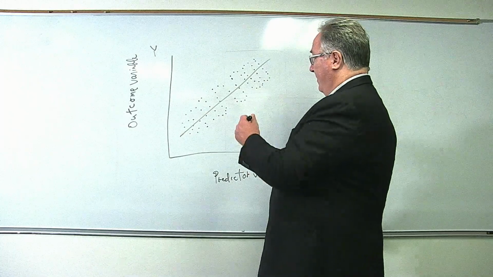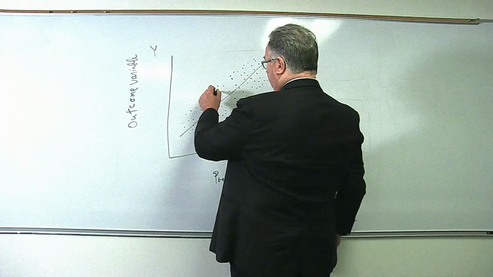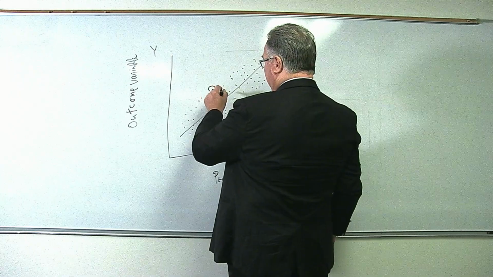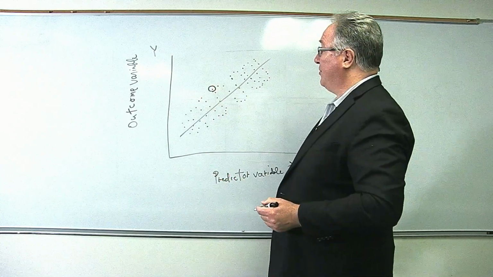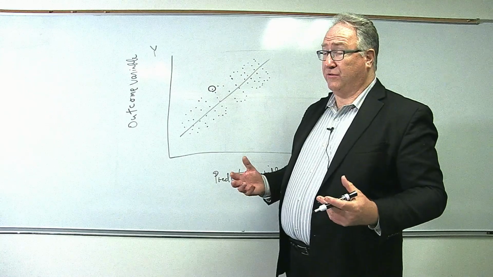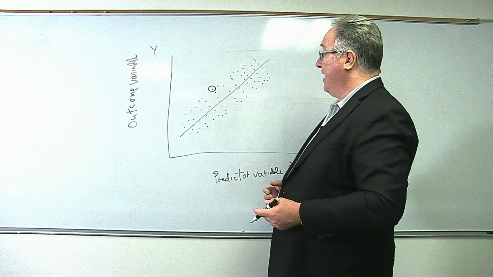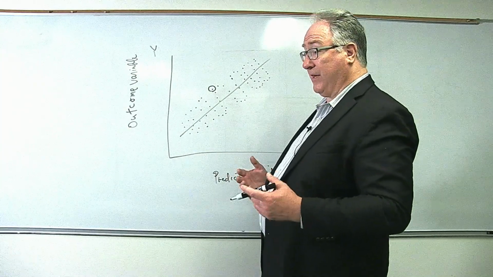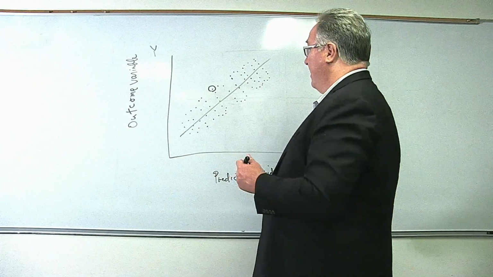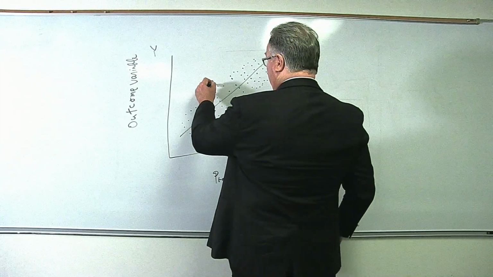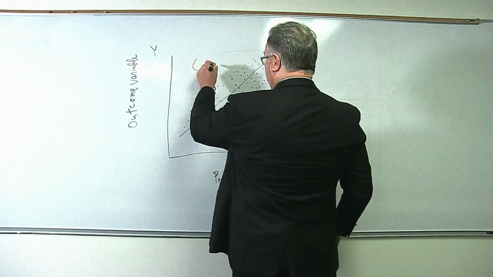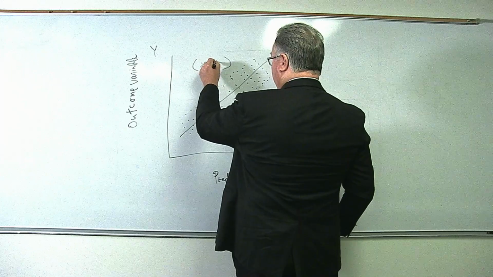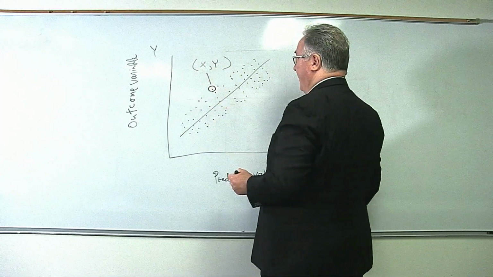Now, if anyone is wondering what one of these dots is, we'll just highlight this one right here. I mentioned that each of those dots represents observed values, because for any one of those dots, we have an observed value on x and an observed value on y.